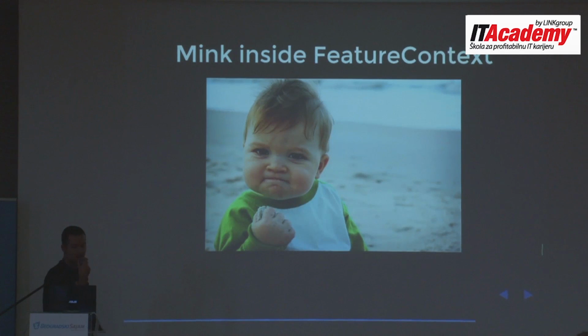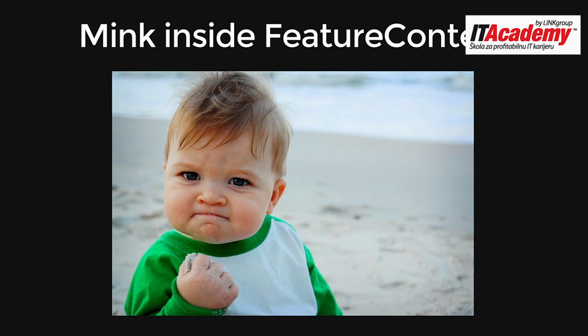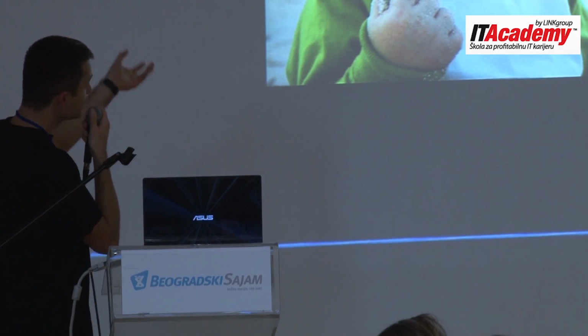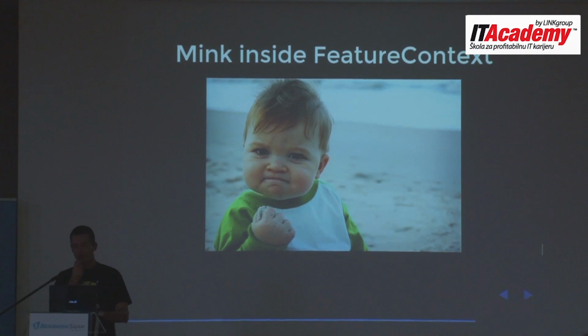Imagine now that we have this power inside a feature context class. So if we can get session object inside a feature context class, that means we can command the browser and map Gherkin with Behat to PHP callbacks, and then use Mink to command the browser. That way, we can actually describe the behavior of web applications.